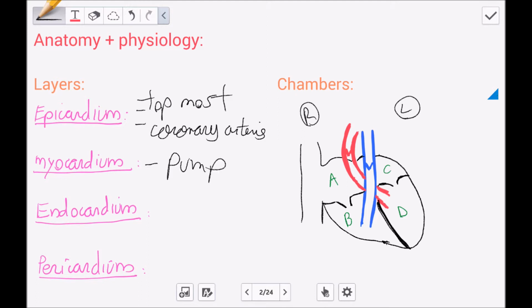So this is the pump that will get the blood circulating throughout the whole cardiovascular system and is going to perfuse all your vital organs. The endocardium is the innermost layer, and this layer is where you will find your pacemaker cells. And this is also where the attachment of the chordae tendineae will be.